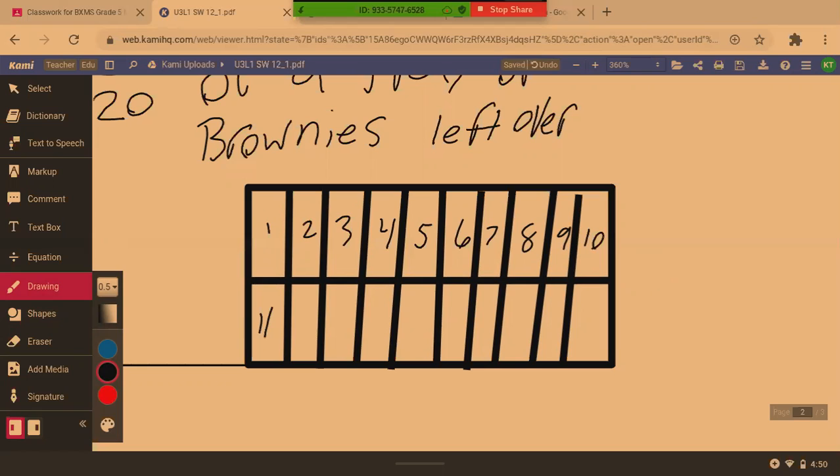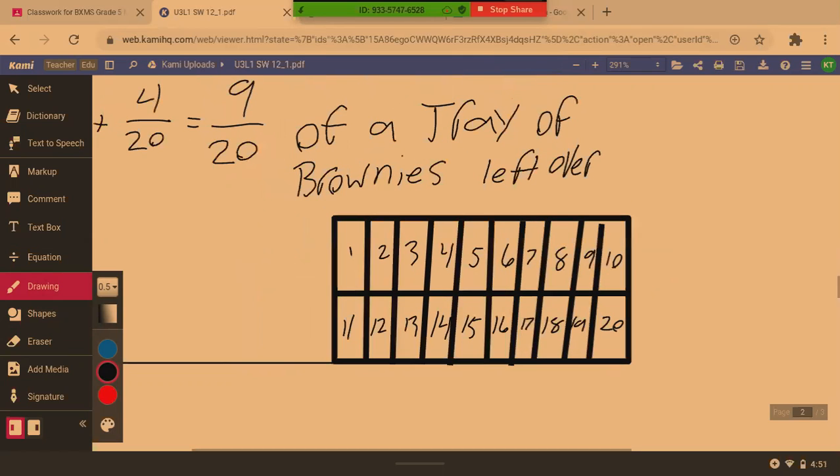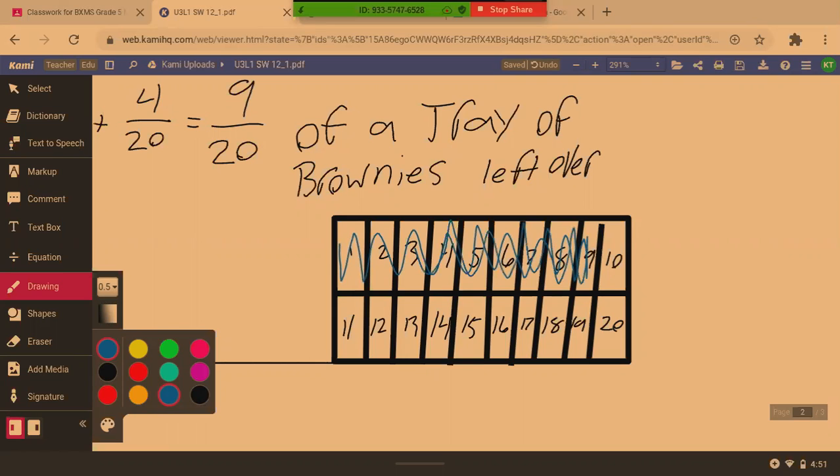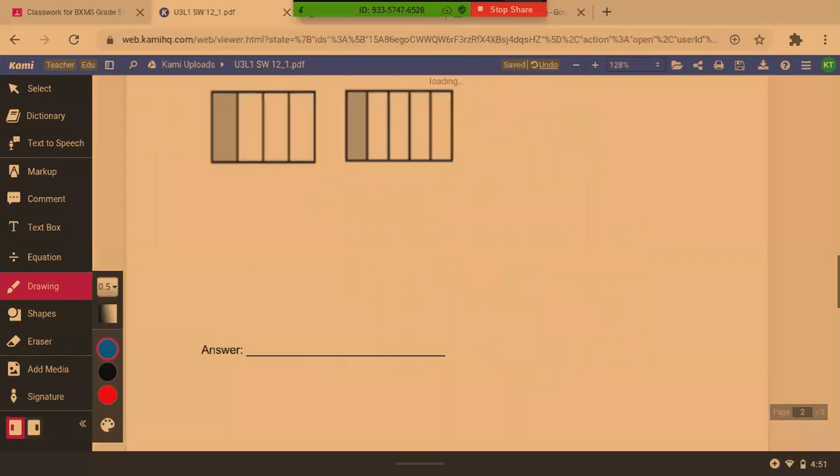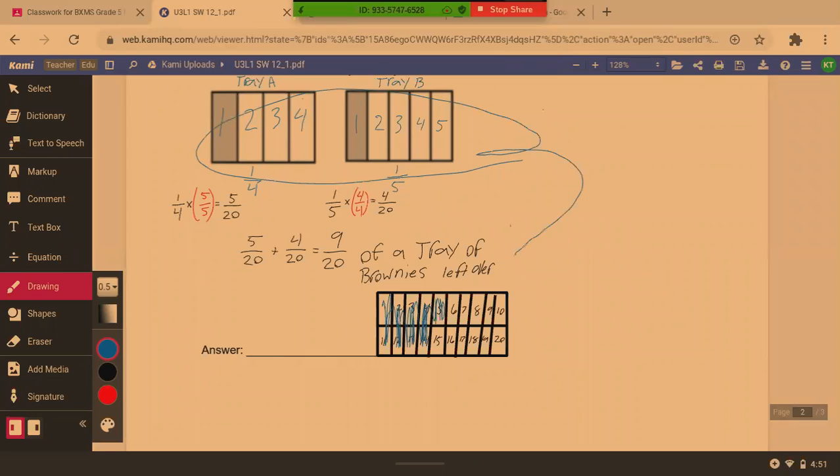Boom, beautiful. And there are, so here are 20 pieces, and there are 9 left over. So let's color in 9. So it can be colored in like that. Or it can be colored in as 2, 4, 6, 8, 9. Either way, when you combine these two trays, it is going to look like that, 9/20ths.